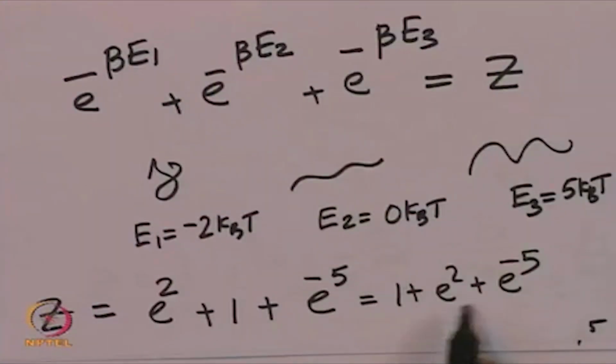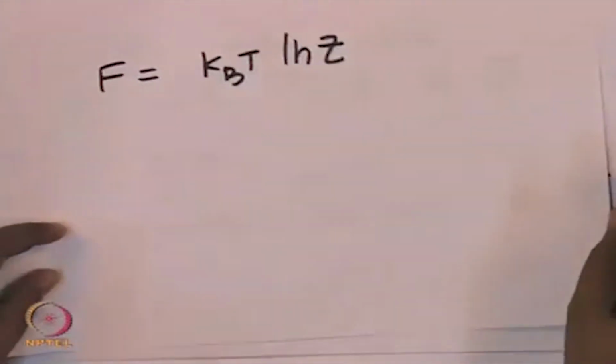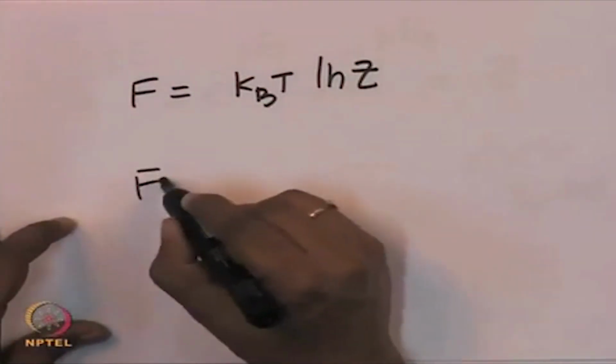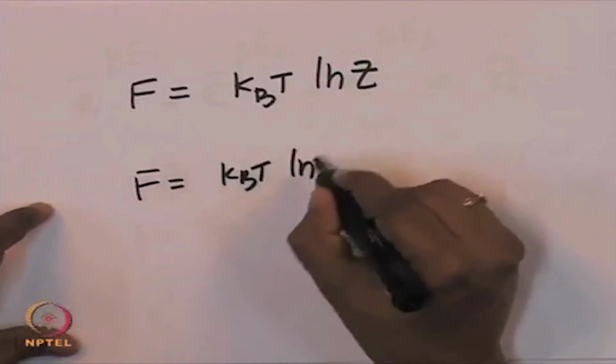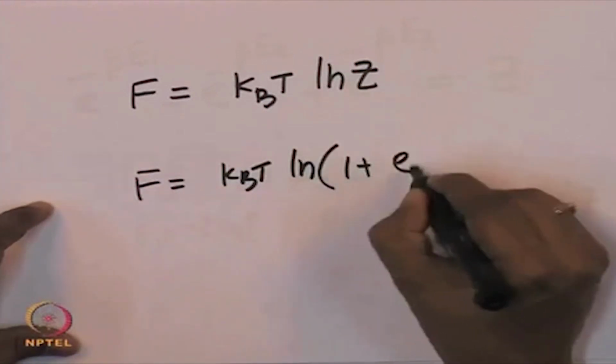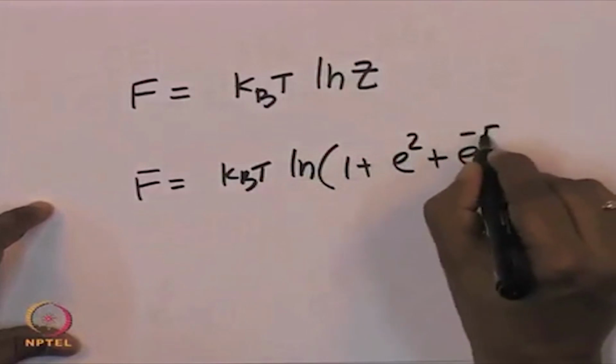So, if you know all the states here, you can take the log of this, and in this case you have 1 plus e power 2 plus e power minus 5. So, the free energy of this system is kBT log of 1 plus e power 2 plus e power minus 5.